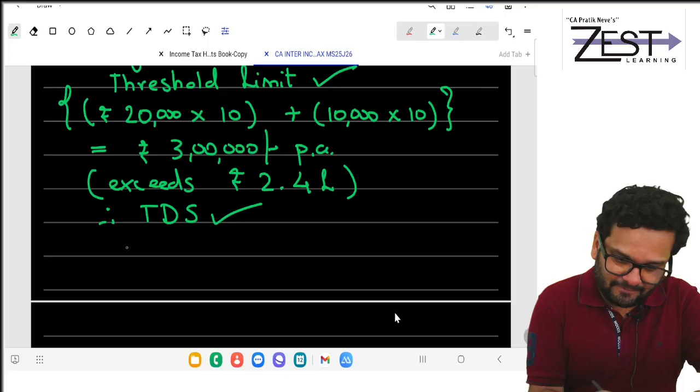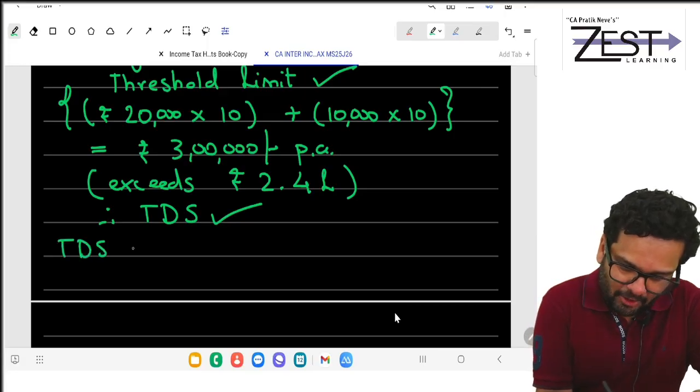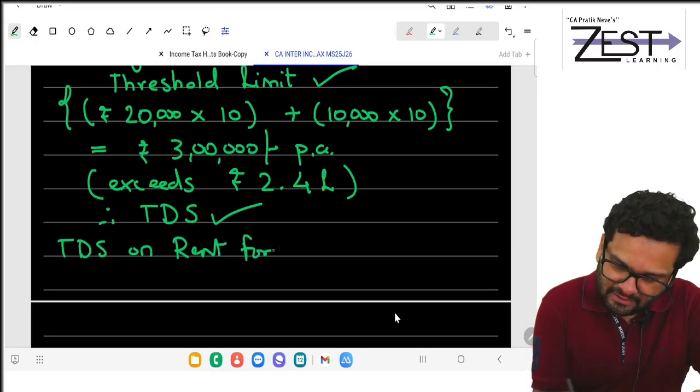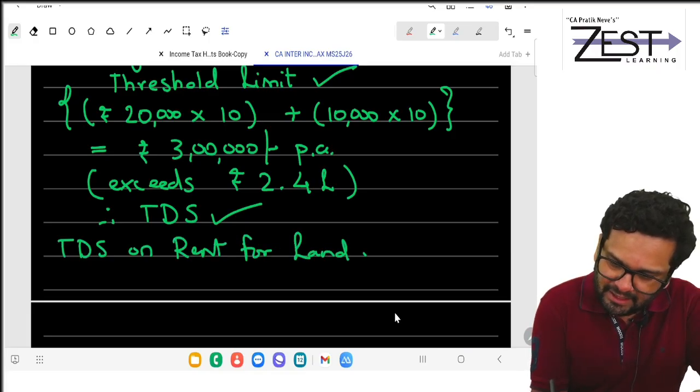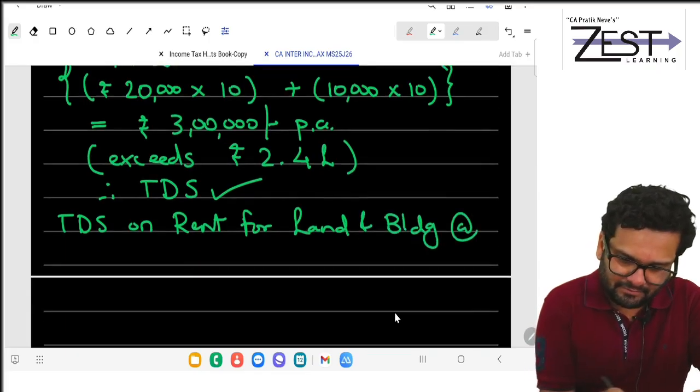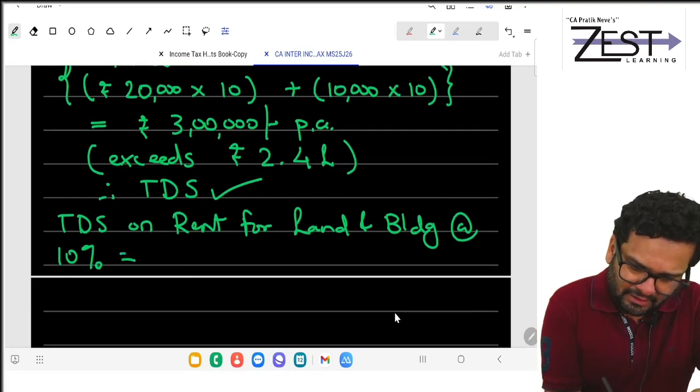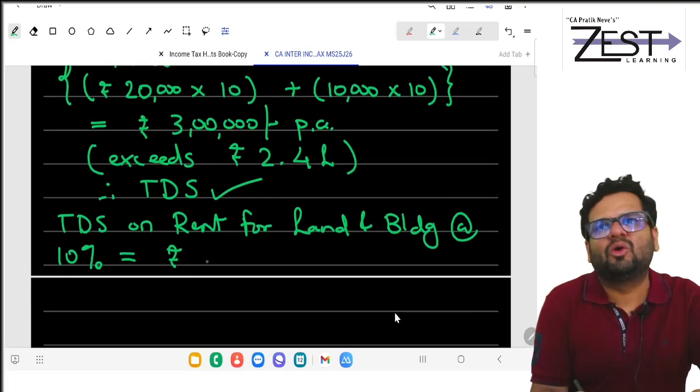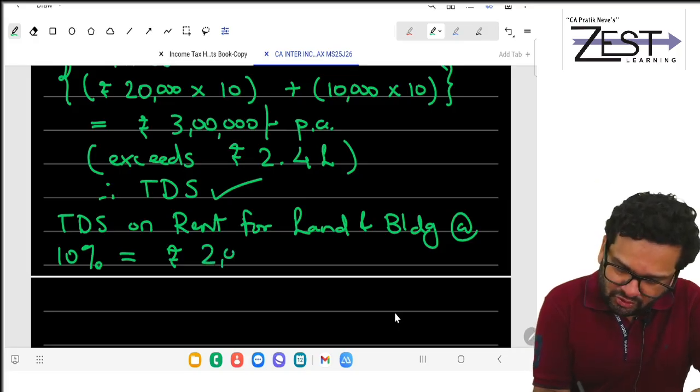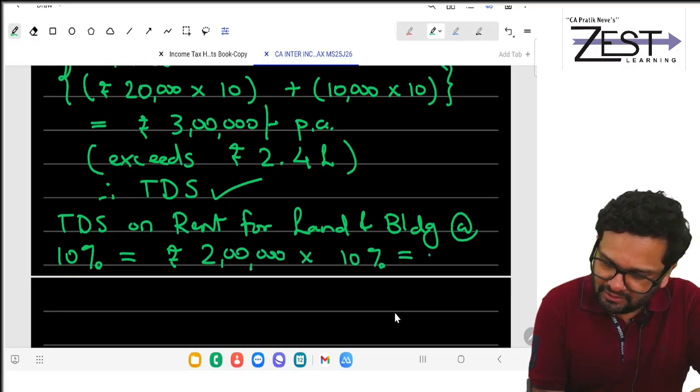TDS on rent for land and building at 10%. Overall it was 2 lakh, so 2 lakh into 10% is 20,000.